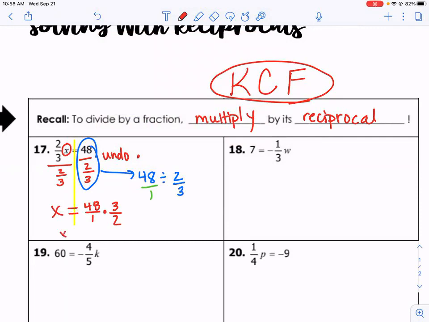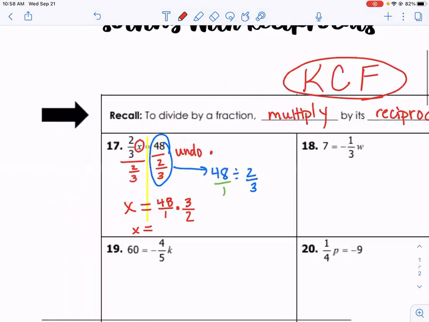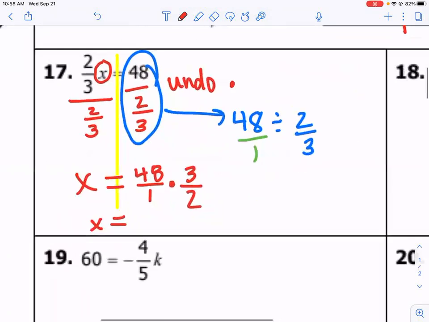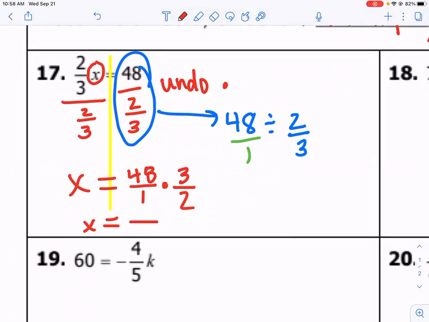Okay, so let's remember how we work with fractions. When we multiply, we need to multiply our numerators. Good thing you have a calculator in your hand. So we were dividing, and then I changed it to multiply by 3/2 for our keep, change, flip. What's 48 times 3?